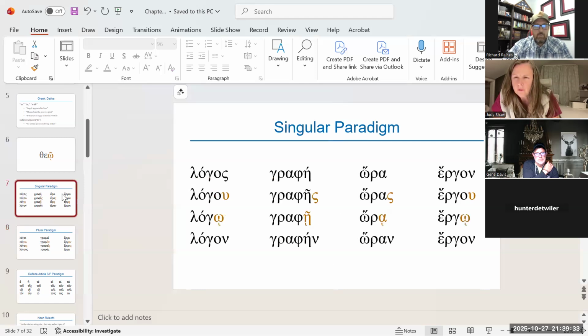Going back to the singular, you've got masculine, feminine that ends with an eta, feminine that ends with an alpha, and neuter that ends with a consonant. So one column of masculine, two columns of feminine, and one column of neuter. Does that make sense?